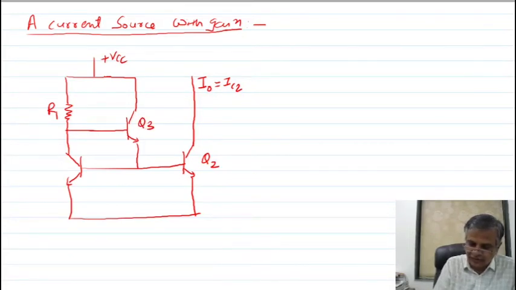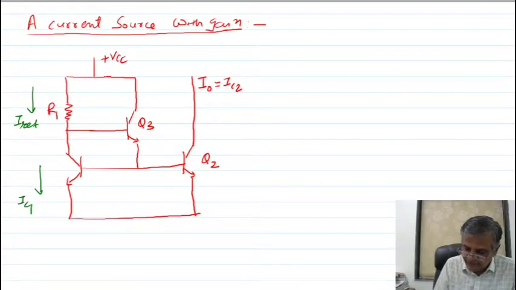Now look carefully here. This is I reference. This is IC1. This is your IB3. This is your IE3, IB2, IB1.